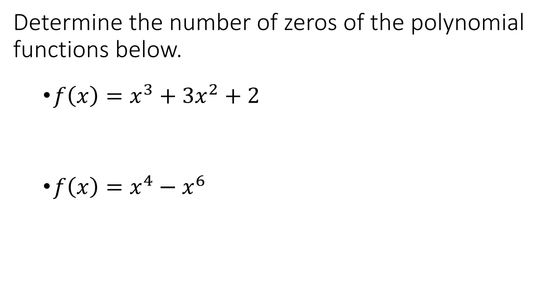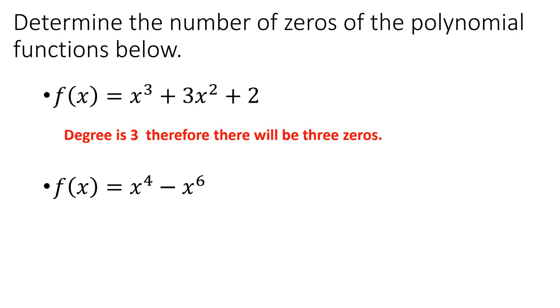And if we look at this second function, even though it's not in standard form or descending order, we look at the highest exponent, which is 6. So this function is degree 6 and should have at most 6 zeros. This is a quick way to find out how many possible zeros you're going to have. Just look at the degree.